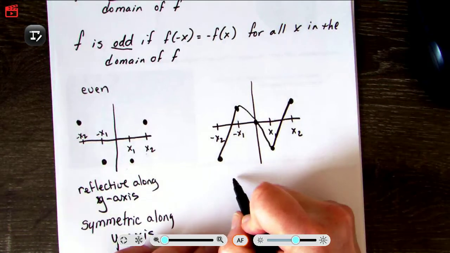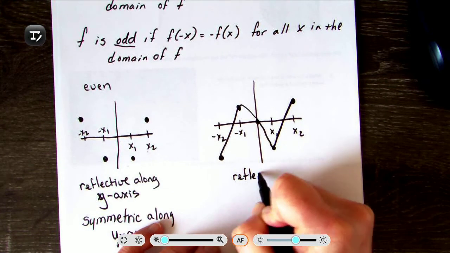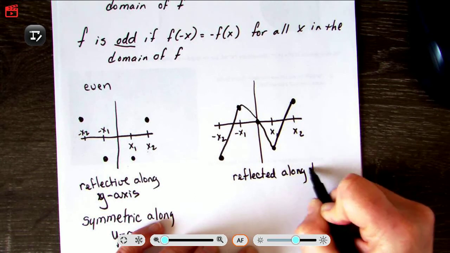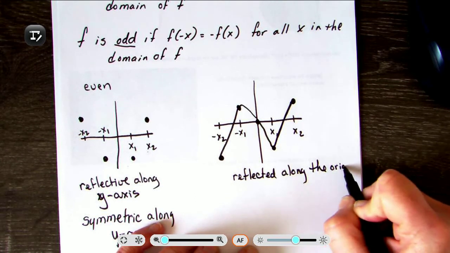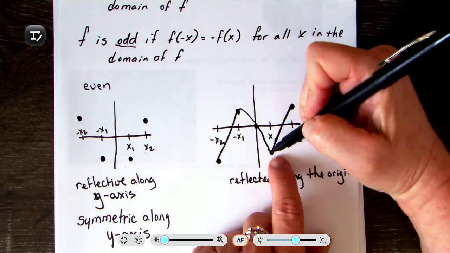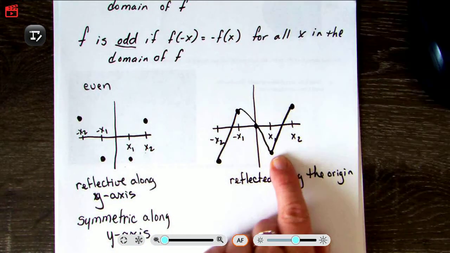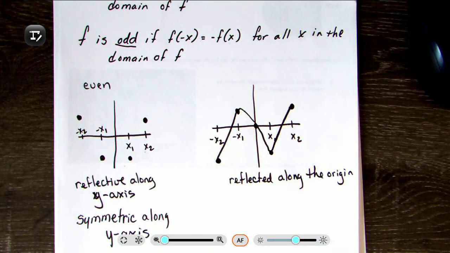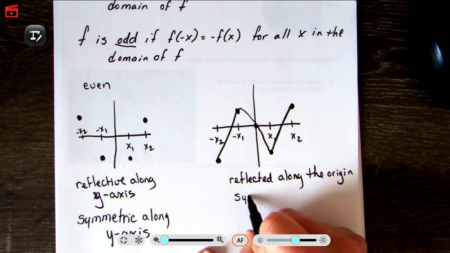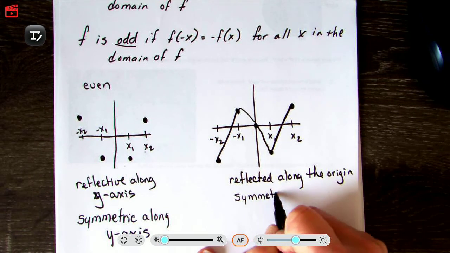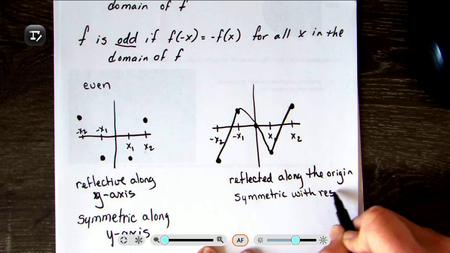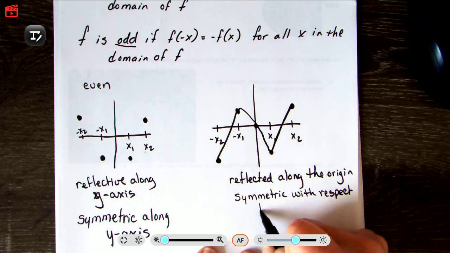This is said to be reflected along the origin, because it's got to go from here across the origin to the other side. From here across that origin to the other side. Or it is symmetric with respect to the origin.